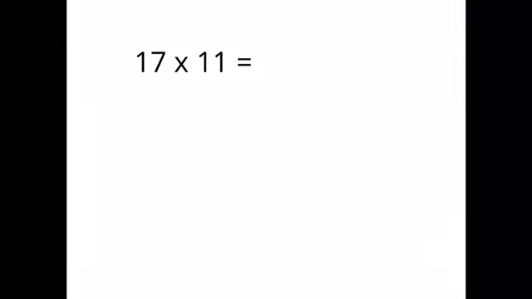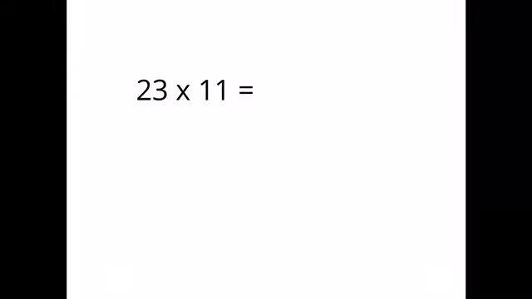By this stage, I'm thinking that you've already got the pattern. So now it is 17 times 11. So I'm going to take the 7 and the 1 of the 17, and I'm going to add that together and I'm going to get 8, and my answer is 187. By now you realize the pattern's not really very difficult.